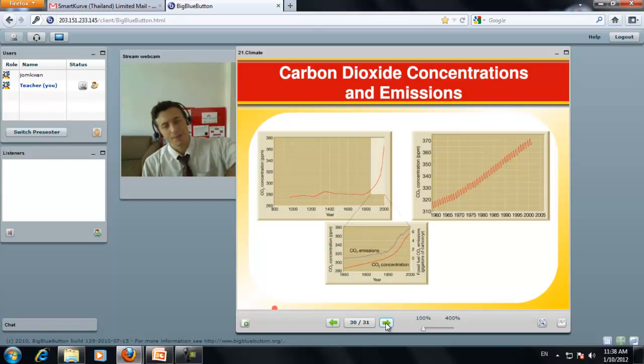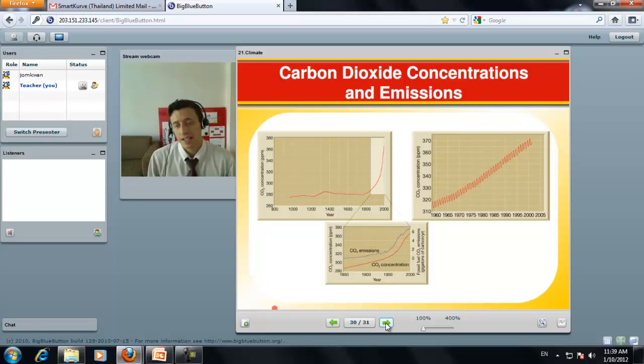We go up here and down there, but it stays pretty steady. It's only been since the year 1800 that concentration of CO2 has skyrocketed. It's just taken off like a rocket. And that's largely because of carbon dioxide emissions from human activities like industry and power generation.